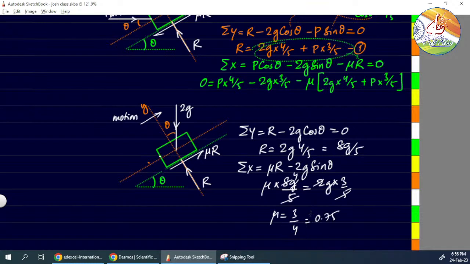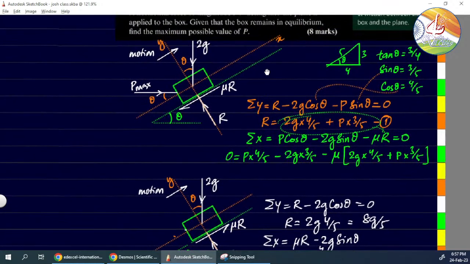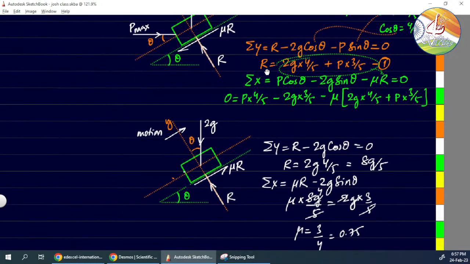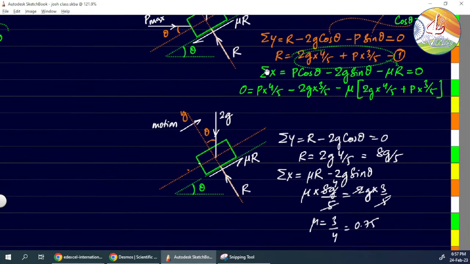That will be a very high value. We don't usually get 0.75. Have we made any mistake? Check it. It's correct. 3 by 4, yes, that's correct.